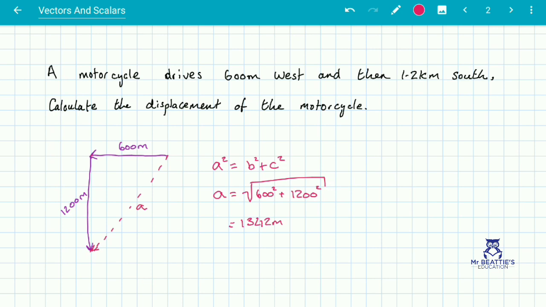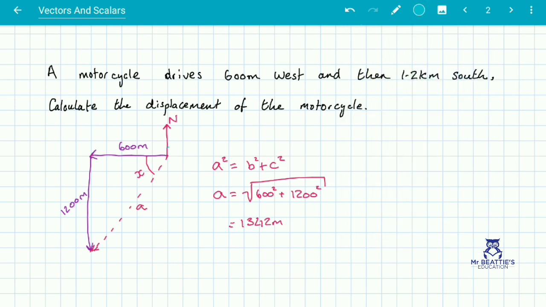But again, that's not our final answer because we need to use our trig to work out our angle. In this one, what you can work out is this angle here, which we're going to label X. But that's not going to be the final angle we can use for our vector, because all bearings have to start from north, and north is that way. So we need the angle on the other side. I'm going to give it a different colour. Here we go.